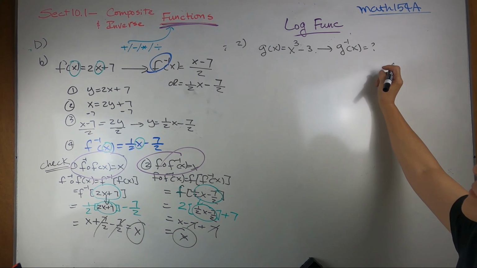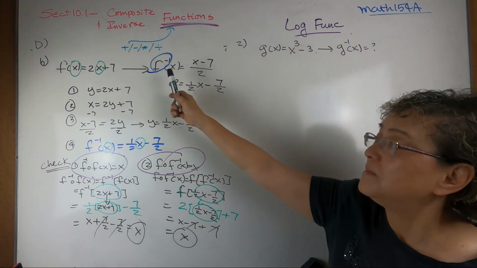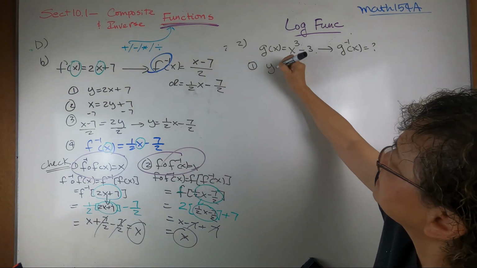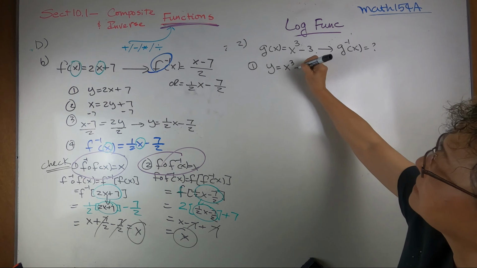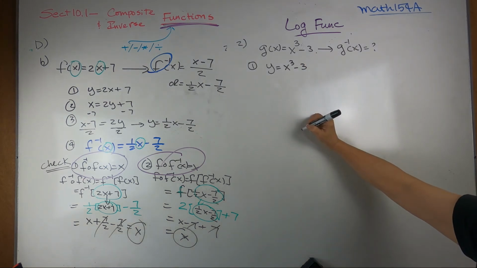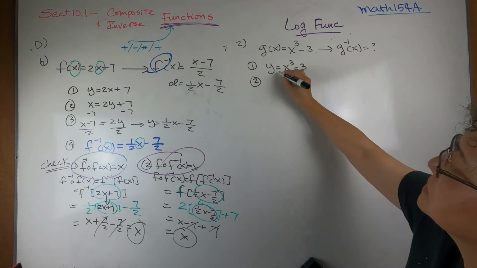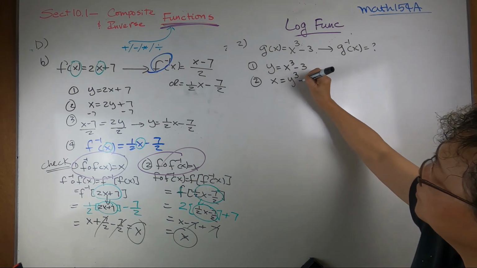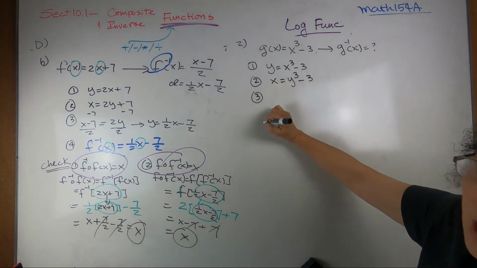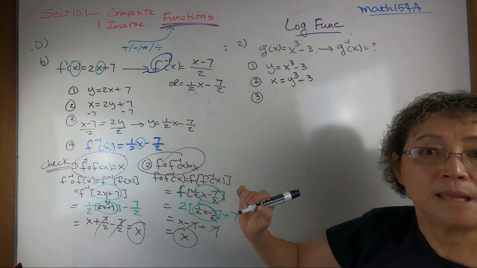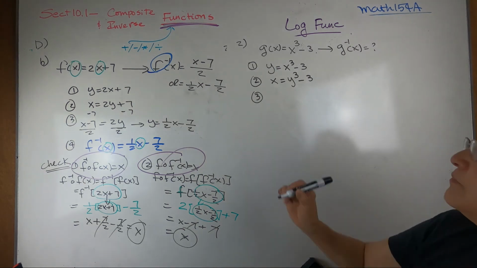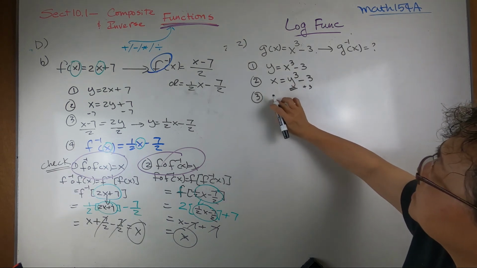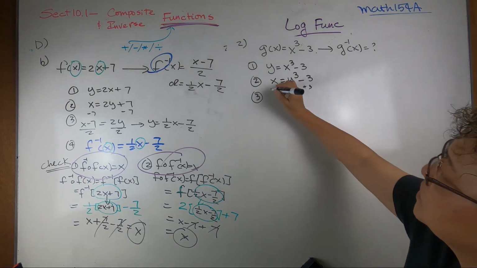So we say the method is what? Switch and solve. So first, that's your y. Then switch: x equals y cubed minus 3. And solve is what? Get y by itself, right? So you add a 3.